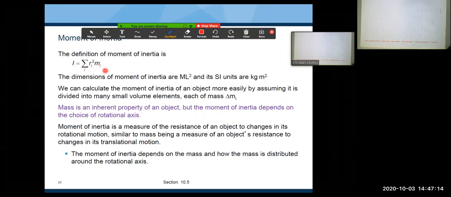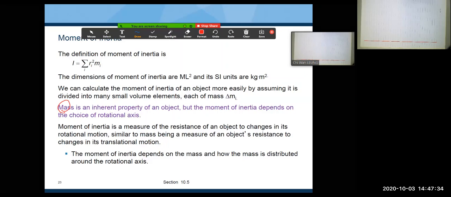And the unit of moment of inertia is kg times meter squared. Very importantly, unlike the case of linear motion, where the inertia, which is mass, is independent of the choice of axis, the moment of inertia depends on the choice of the rotation axis. So that is something we have to be very careful about.